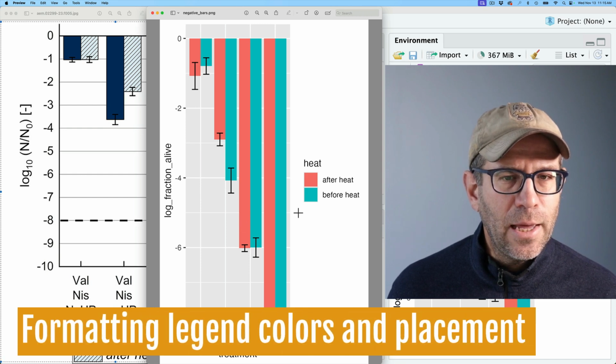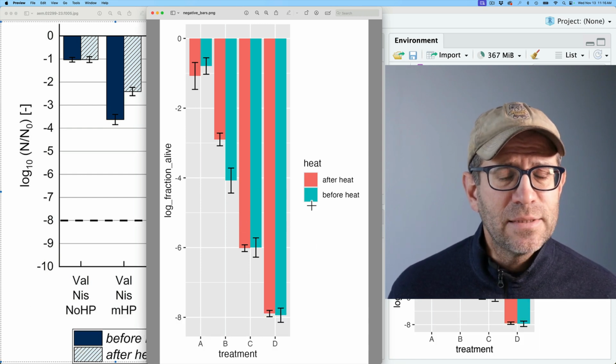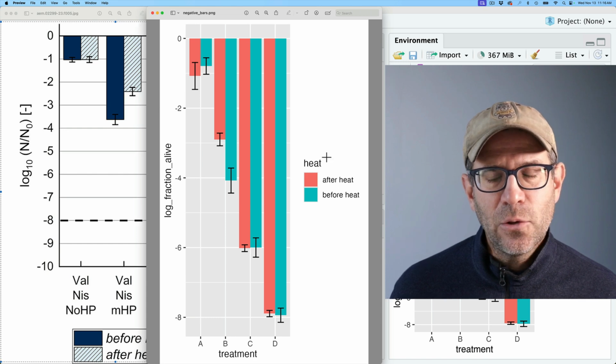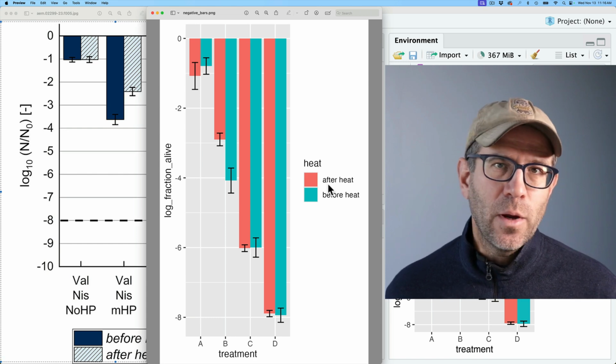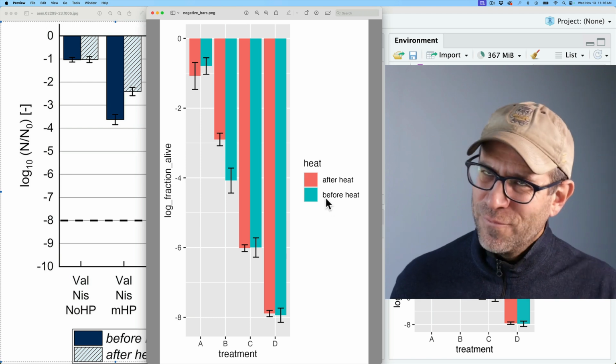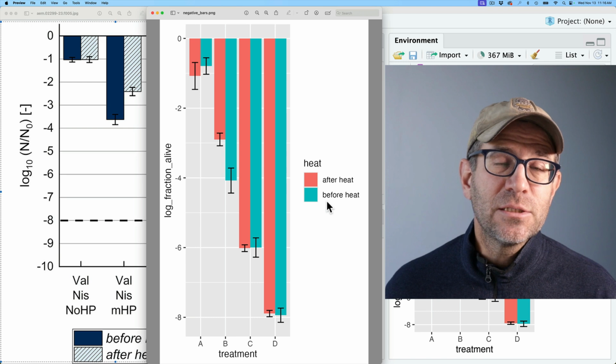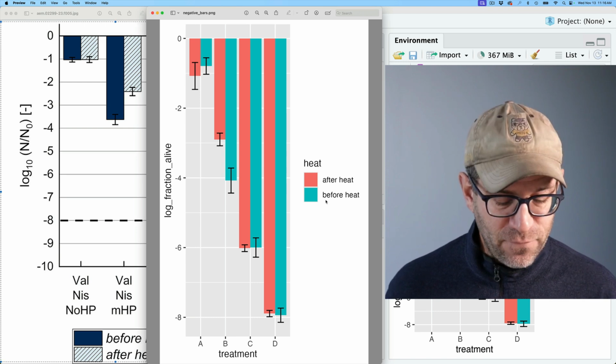Now let's go ahead and turn our attention to our colors as well as our legend. The first thing that I notice is that in my legend, it's going alphabetical. So after, before, before. And I wanted before, before, after. So many befores and afters. Anyway, so we can change this by setting heat to be a factor.